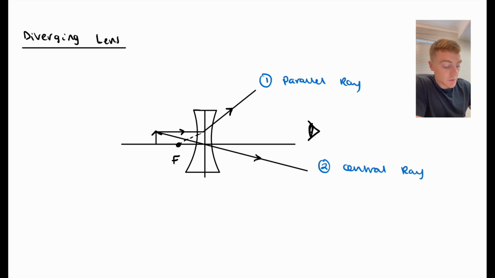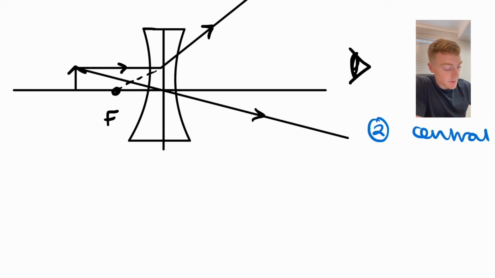And so this time, to draw our parallel ray, the direction it diverges at, or the angle, depends on the position of the focal point. So if you trace back, we should get a completely straight line. Now the image is then formed where the two rays meet, or appear to meet in this case, because as you can see, we've got a dashed line. The light rays don't actually meet.